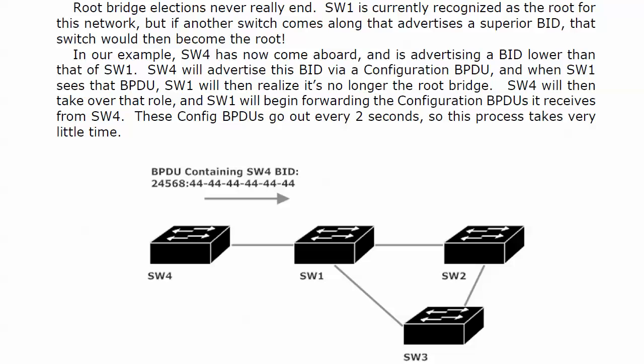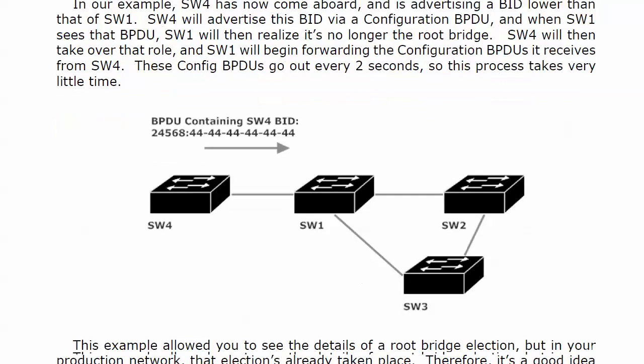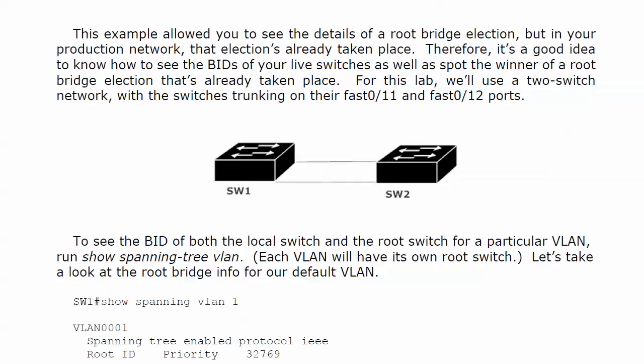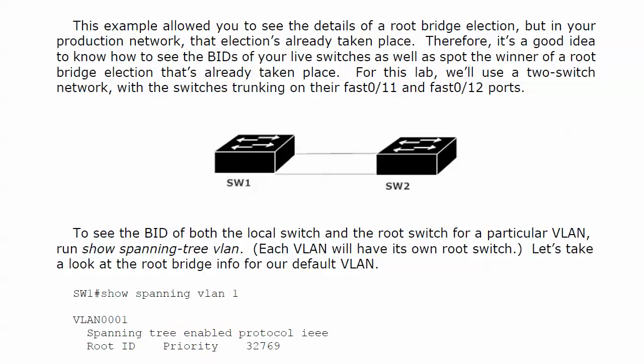Now these config BPDUs go out every 2 seconds. So first off, the detection of a new potential root goes pretty quickly, and then letting all the other switches know about the change goes quickly as well. This example allows you to see the details of a root bridge election, but in your production network and even in your lab, by the time you really cable everything up and sit down, the election's already taken place.